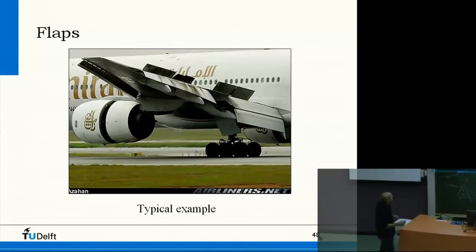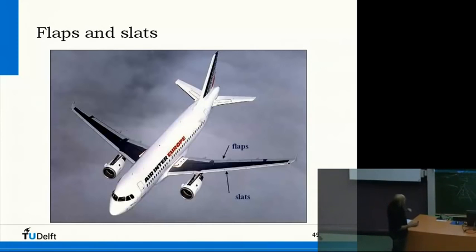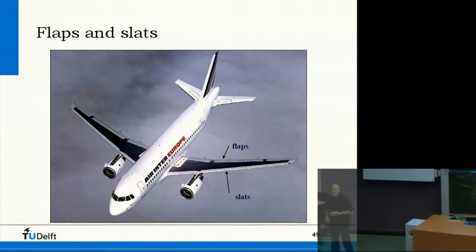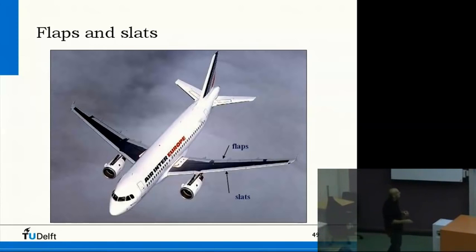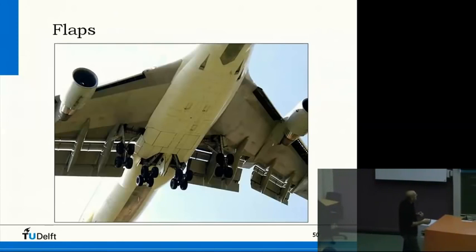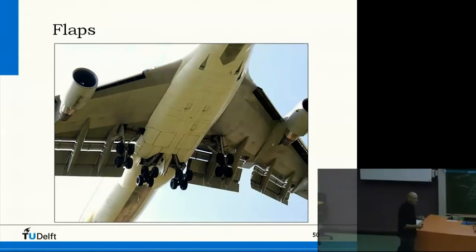A typical example. Here are the flaps here, and if we talk about devices on the leading edge instead of the trailing edge, we talk about slats.